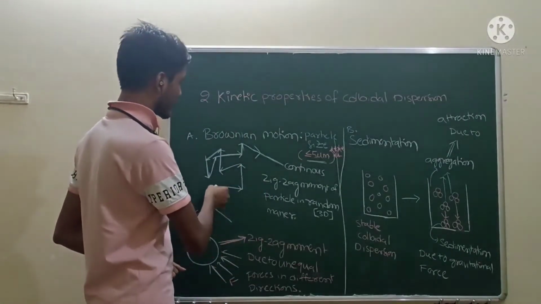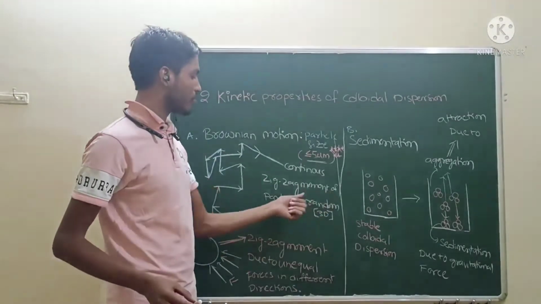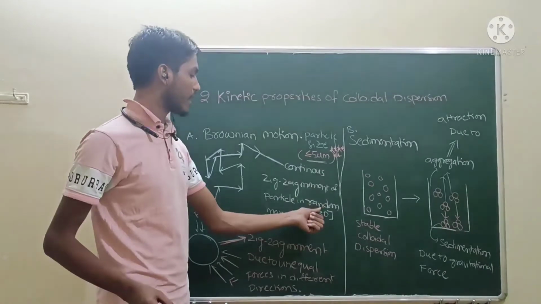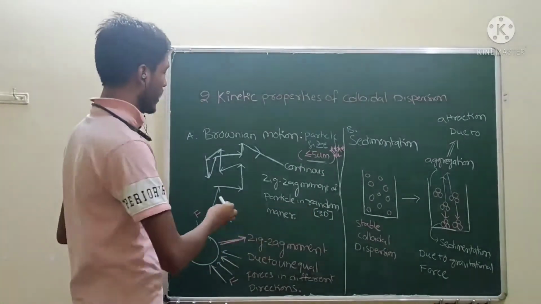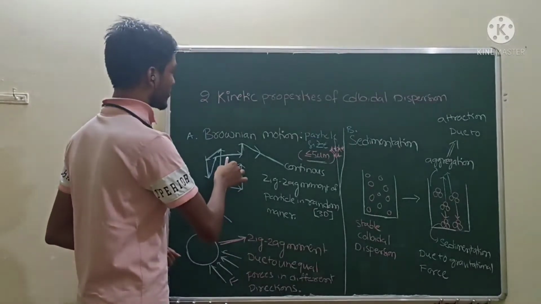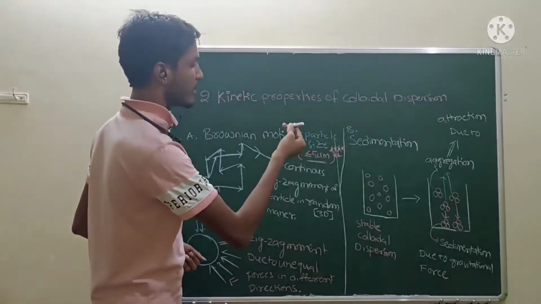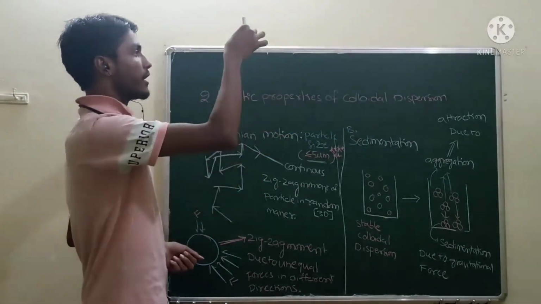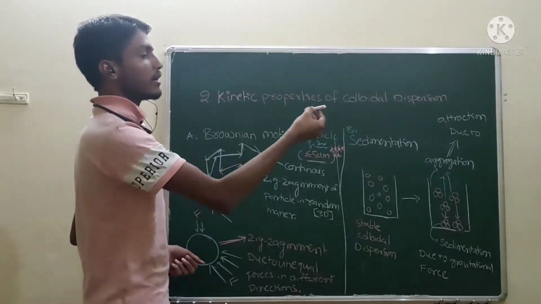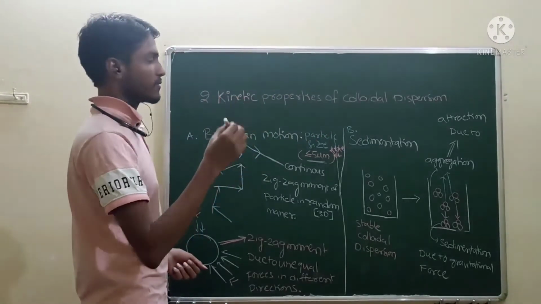See this, like this. The continuous zigzag movement of a particle in a random manner. In random manner means in 3D, in 3 dimensions: in the x direction sometimes it will go, next it comes like this, and next time it will go in the z direction, next it will come this side, and like up, down and side, like side, up and towards us.